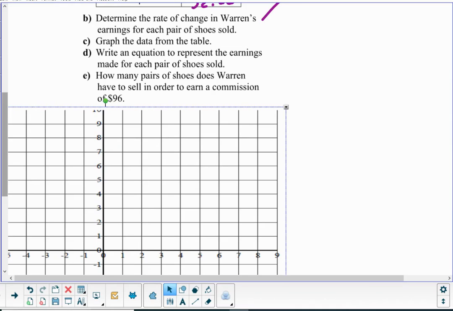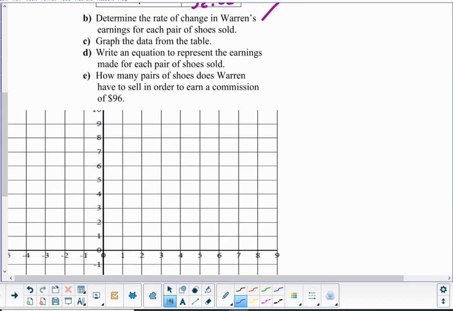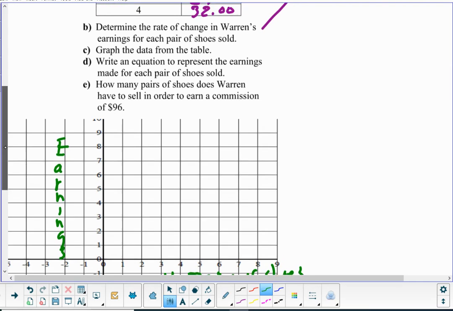Okay, so he has earnings on this side, and he has the number of pairs of shoes. The bottom is fine because our numbers never get much higher than 4.